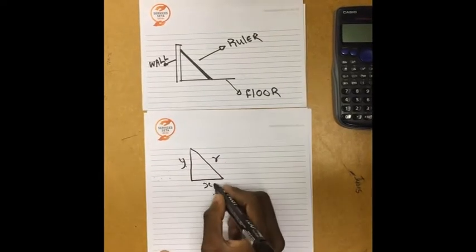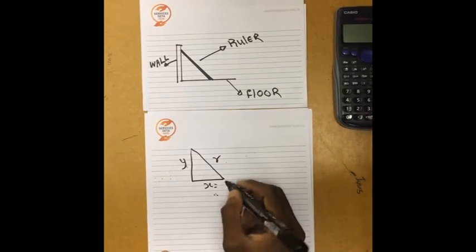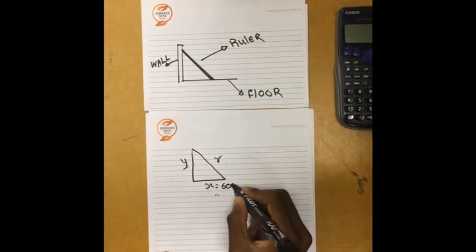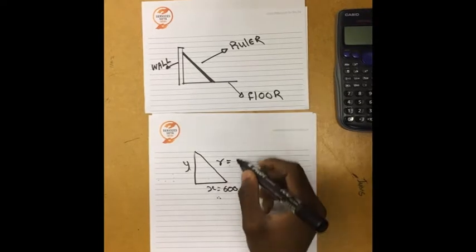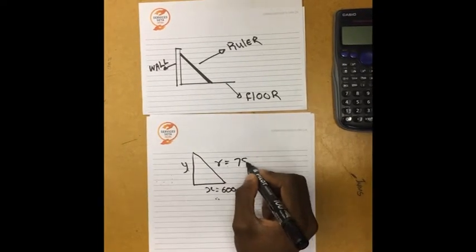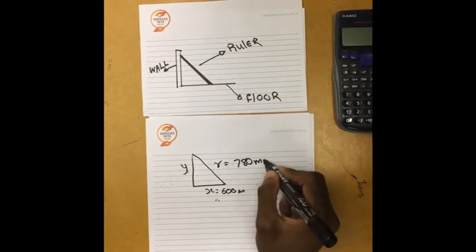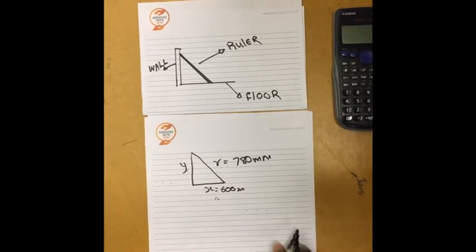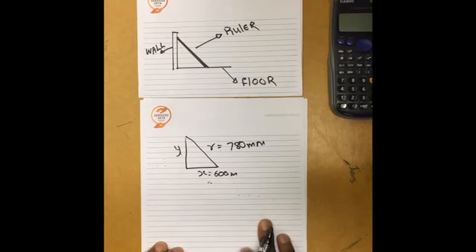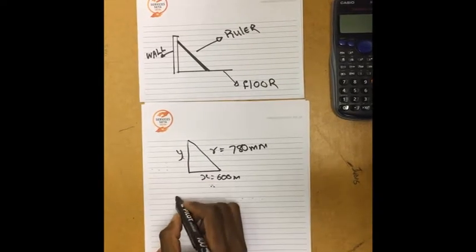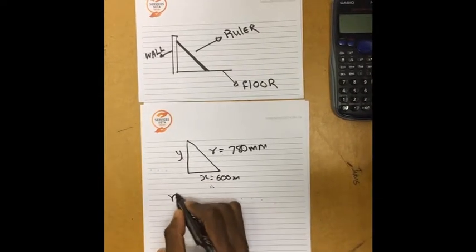Given the value of x, which is equal to 600 millimeters, and a constant r, which is 780 millimeters. From this initial condition, we can get the value of y using the theorem of Pythagoras.